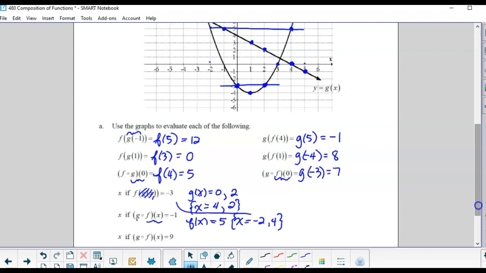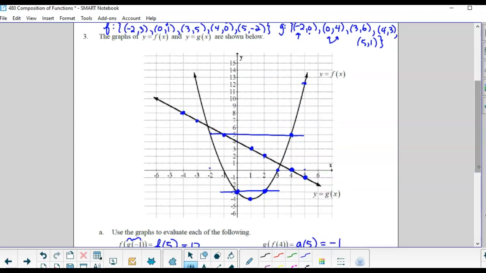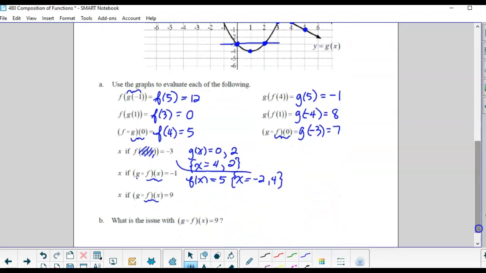Okay. Then, same thing here. So when is g equal to 9? So 9 would be here when x is -5. So that means f of x has to equal -5. And when we look at -5 here, there are no values. So this does not exist.